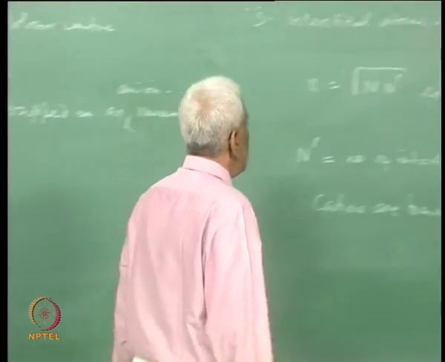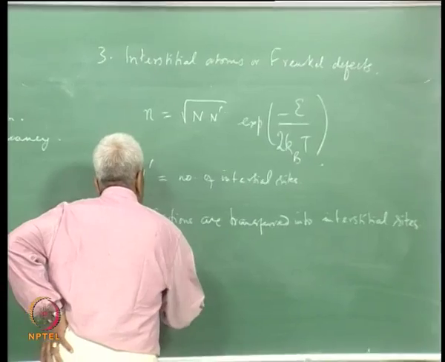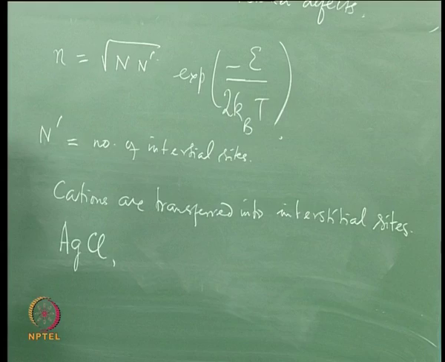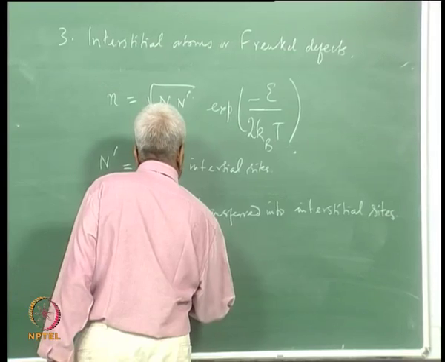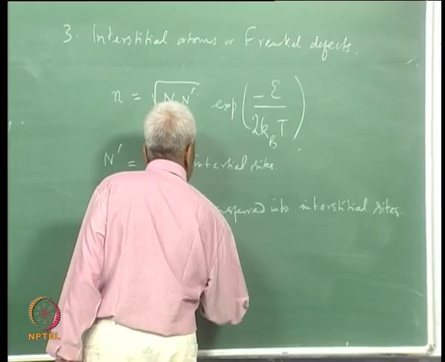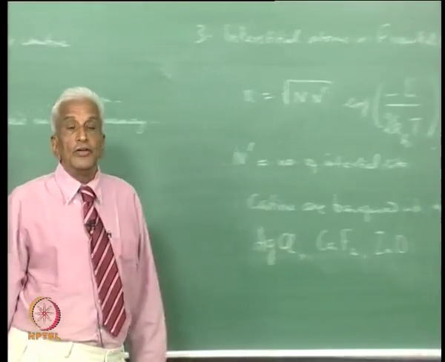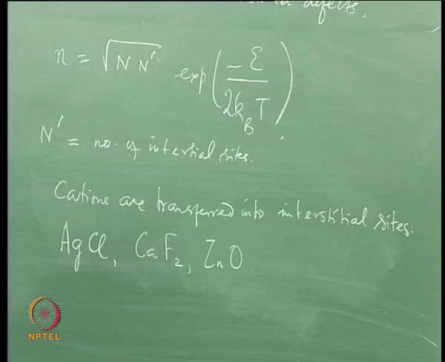For example, silver chloride. Silver is a very small ion, Ag plus. Then calcium fluoride, zinc oxide. These are examples of solids which have Frenkel defects.